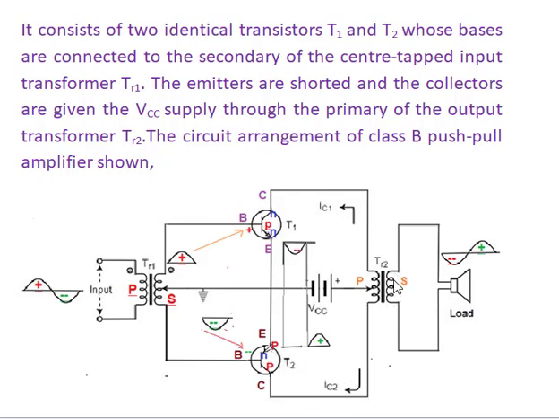The secondary coil is connected to the loudspeaker, so the output appears here. This is the construction of the push-pull Class B type amplifier. The input is given to the input transformer, and the output is taken in the output transformer TR2.